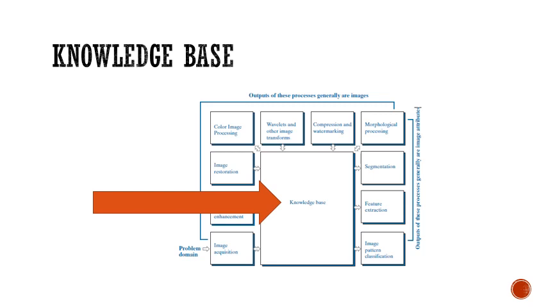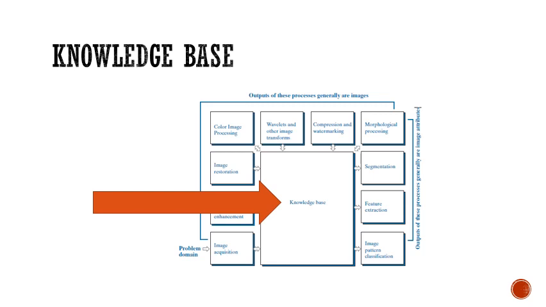However, knowledge about a problem domain is coded into an image processing system in the form of a knowledge database. This knowledge may be as simple as detailing regions of an image where the information of interest is known to be located, thus limiting the search that has to be conducted in seeking that information.